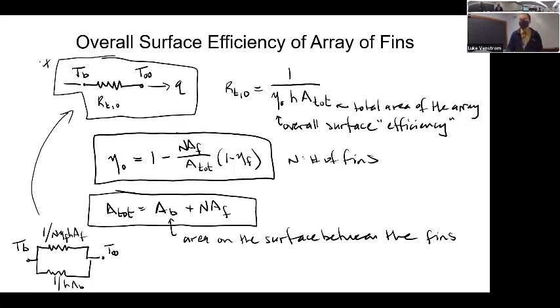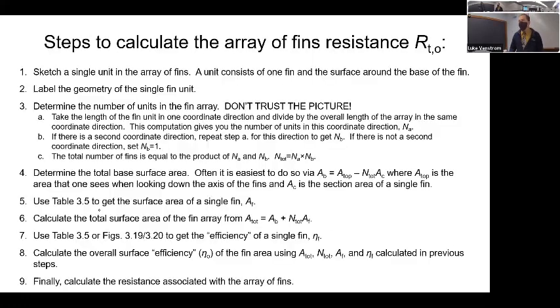So these are, right, the main takeaways. Okay, so now we go back to our example problem, and I'm going to let you work it now on your own or with a partner. Anytime that you have a heatsink problem or an array of fins type problem, like what we have in this example problem, when you go to calculate the array of fins resistance, you're going to follow these 9 steps every single time.